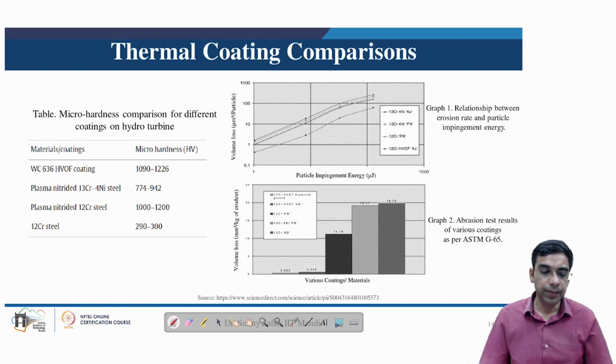Comparing it with the plasma nitrided 12% chromium steel, which had a micro hardness value of 1000 to 1200 HV, we can see this is significantly less in the case of uncoated 12% chromium steel, which has micro hardness around 300 HV.